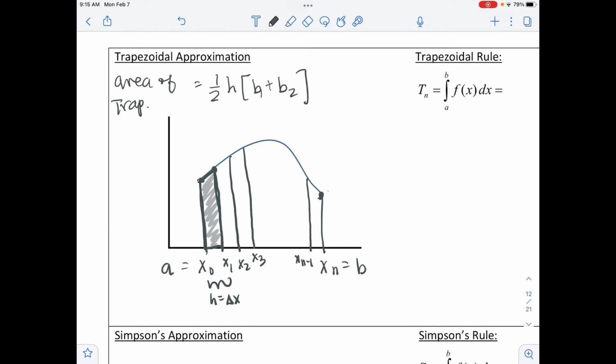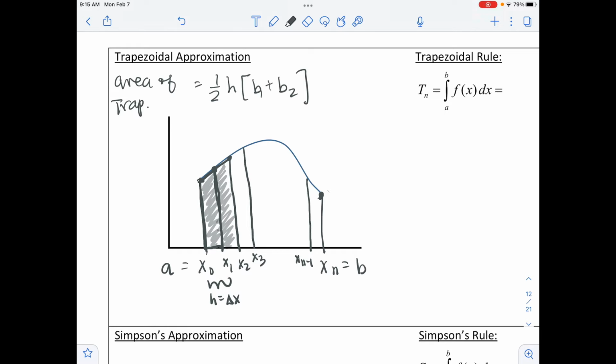For the next trapezoid, drawing that in, I'll go ahead and shade it. And again, our height's the delta x, and then the function at x1 is going to be base 1, and the function at x2 would be base 2.